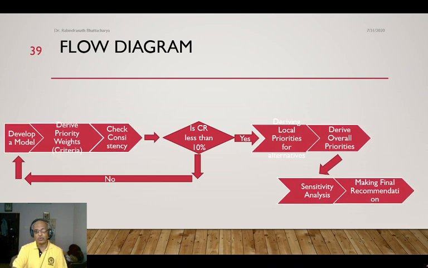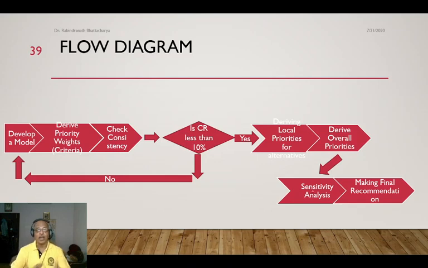Now I have given a flow chart for this consistency index. So develop a model, derive priority weights, then check consistency. Then is CR, the consistency ratio, less than 10%? If it is not, go back and develop the model again. If yes, derive local priorities for alternatives, derive overall priorities, then do sensitivity analysis.